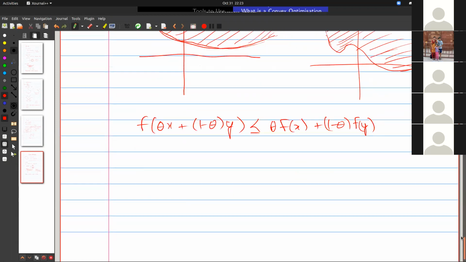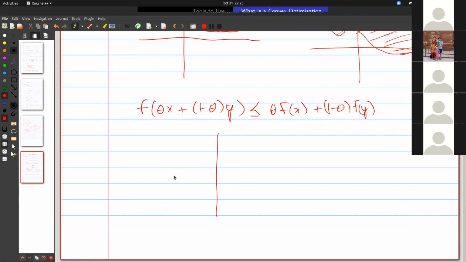How we interpret this is something like this: if this is our function, and we take two points x and y in the domain, say this is x and this is y, this would be f of x and f of y. So I should probably draw.